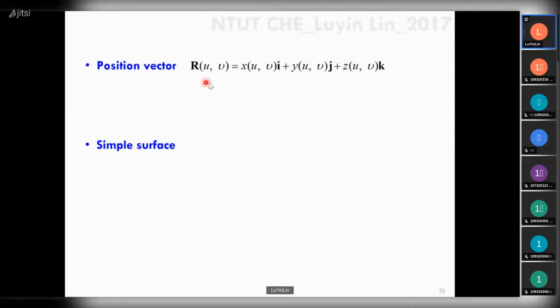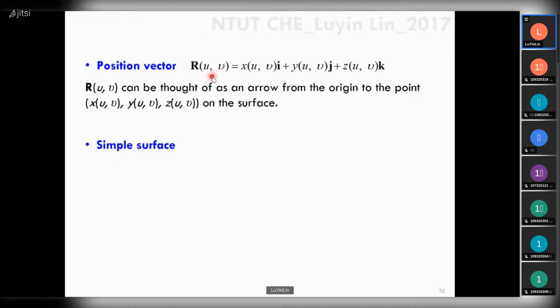You can see this equation is very similar, but the different part is u, v. For the line integral, you have t, but for the surface integral, you have u, v. It is like an arrow from the origin, (0, 0, 0), to the point (x, y, z). It is like the line integral we have talked about before.